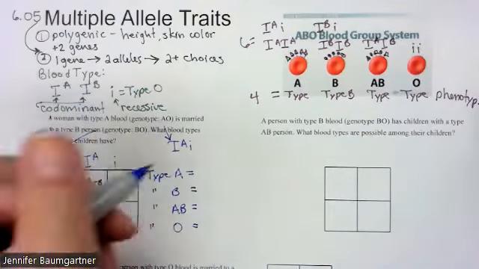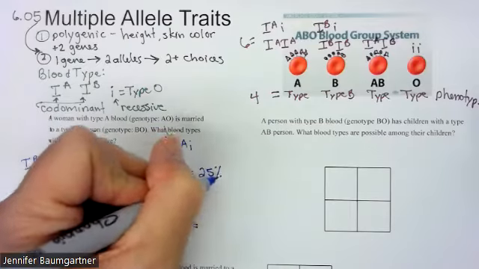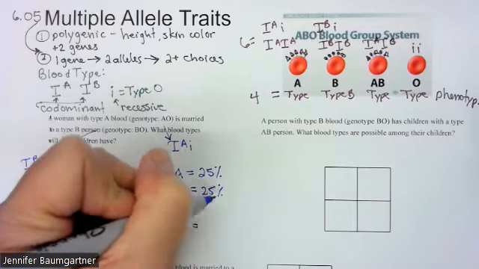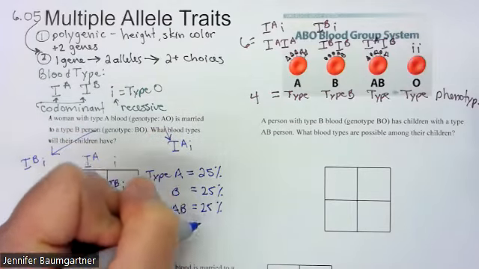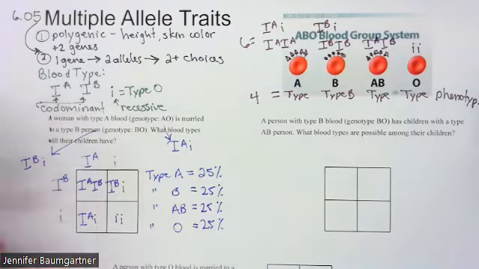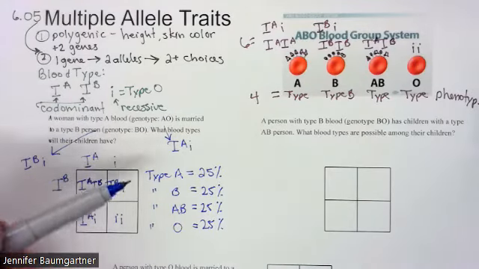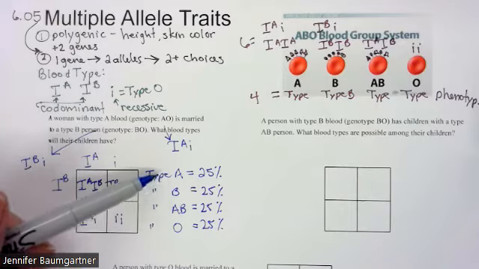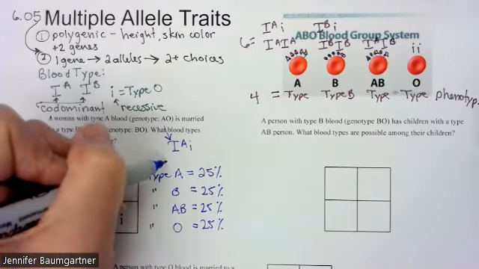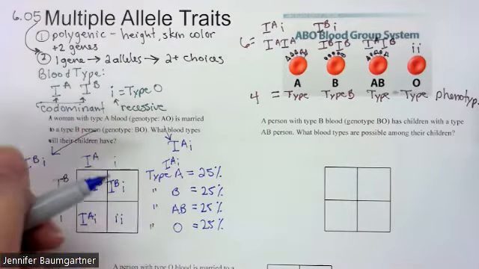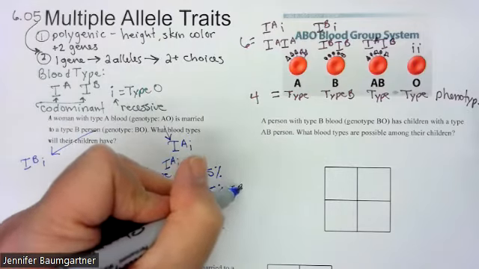And my ratio is going to be 25% for each of them. And my genotypes are heterozygous here. So I'm going to have IAI and IBI.